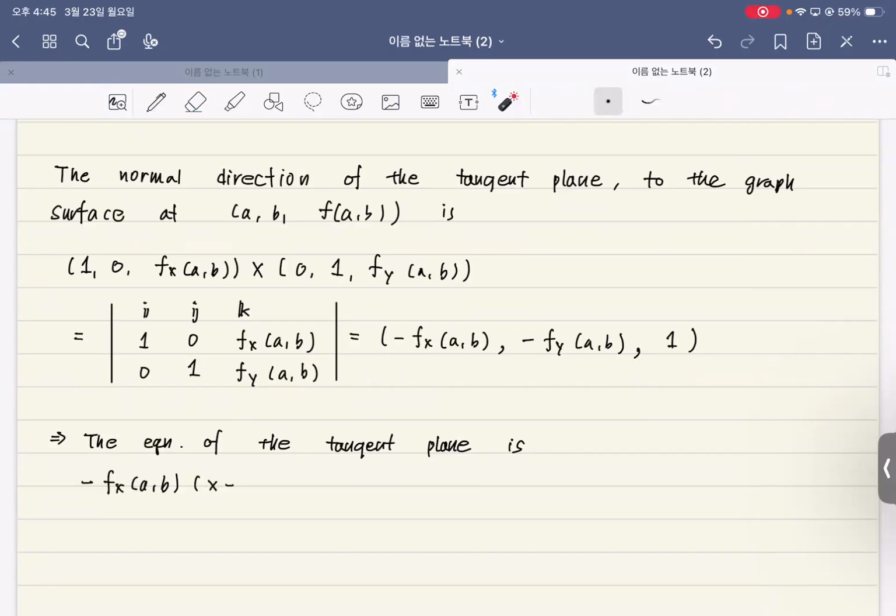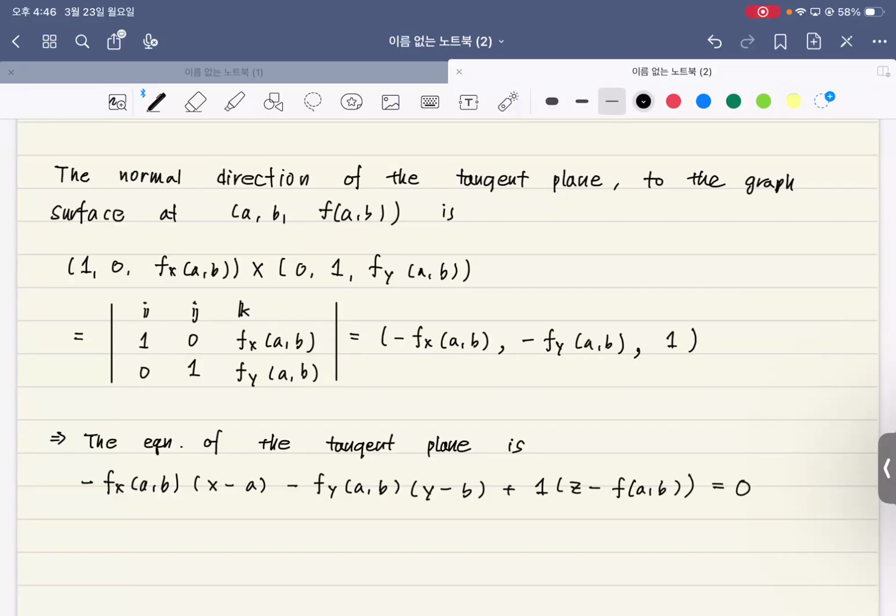So we are talking about the tangent plane passing through this point. So minus fx(a, b) times (x minus a), and the second coordinate of the normal direction, minus fy(a, b), times (y minus b), plus 1 times (z minus f(a, b)) equals 0. So this is the equation of the tangent plane.